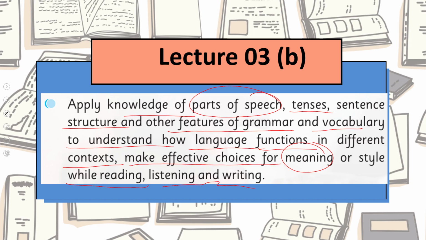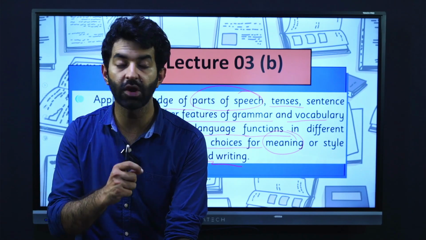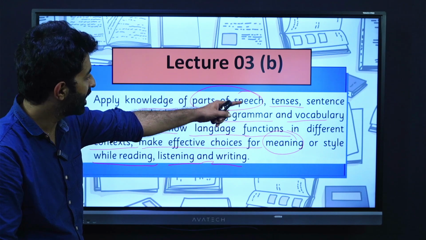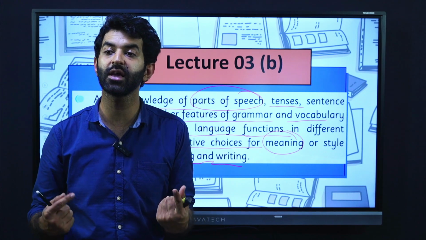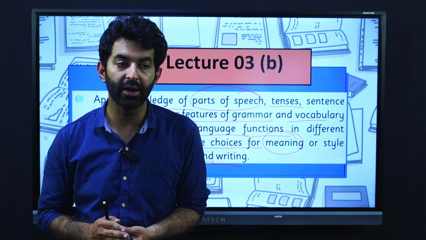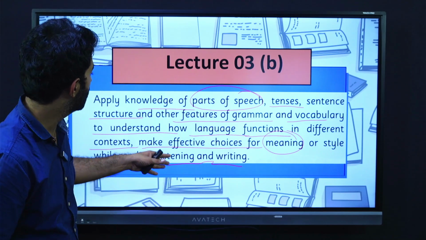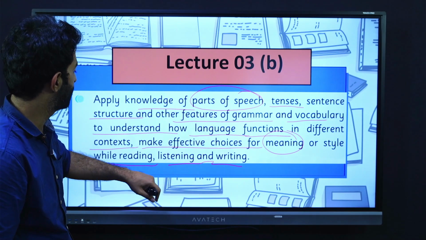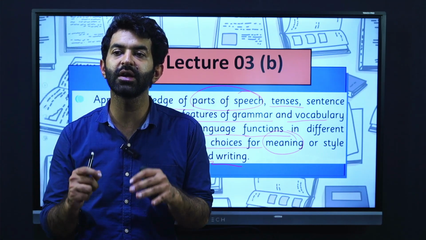So many things are going on in this learning outcome. Parts of speech, each and every one of them. Tenses, again, sentence का structure जब हम बात करेंगे तो हम क्या सीखेंगे? Sentence patterns को. तो सारे पैटर्न्स को हम क्लियर करेंगे, कवर करेंगे, and also other features of grammar and vocabulary. So this will be a very comprehensive kind of lecture with different activities.